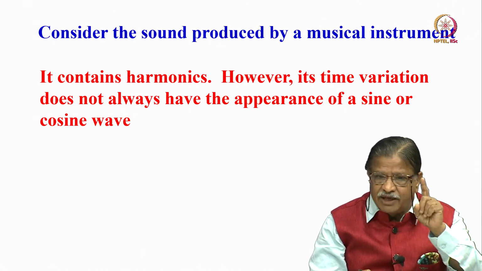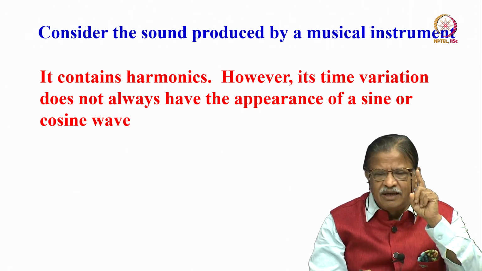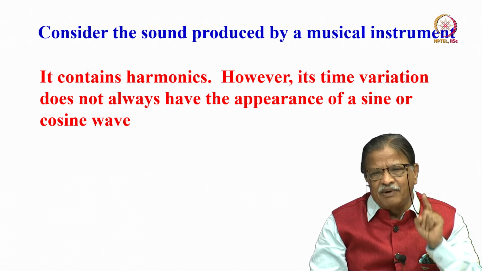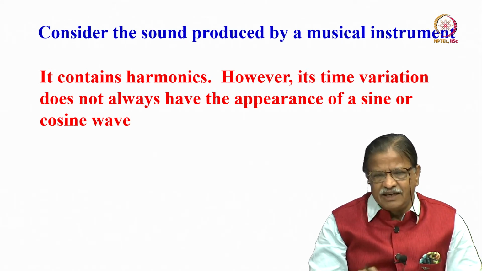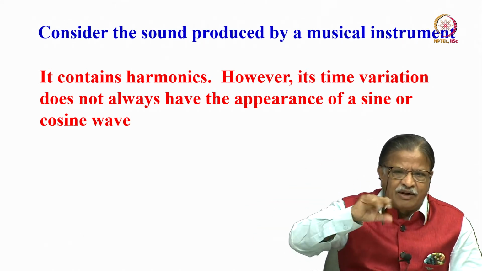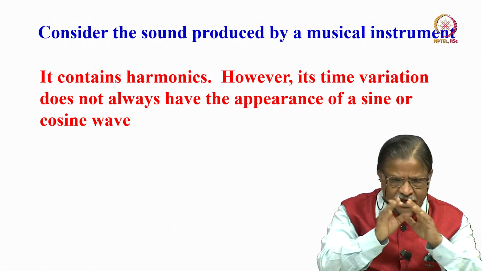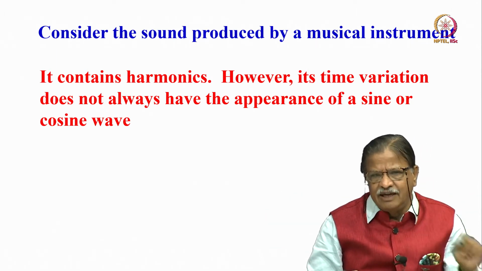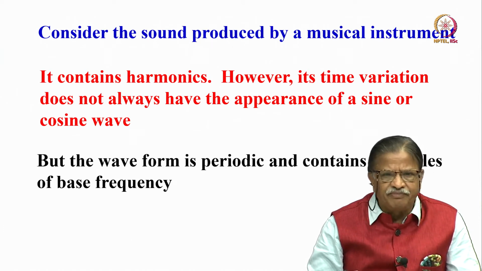It contains harmonics, but its time variation does not always appear as a sine or a cosine. It does not have a sine wave or cosine wave pattern, but it has harmonics and keeps repeating at different intervals.